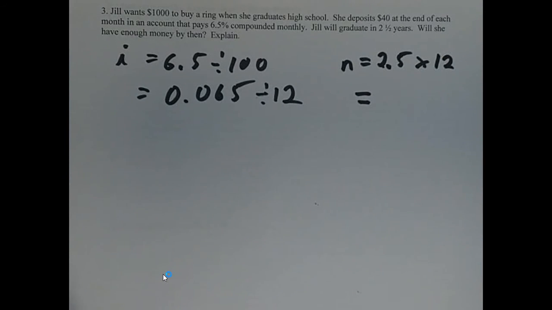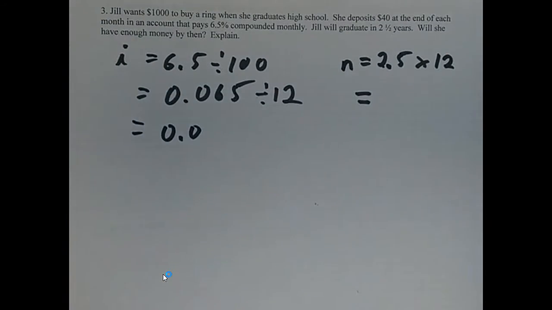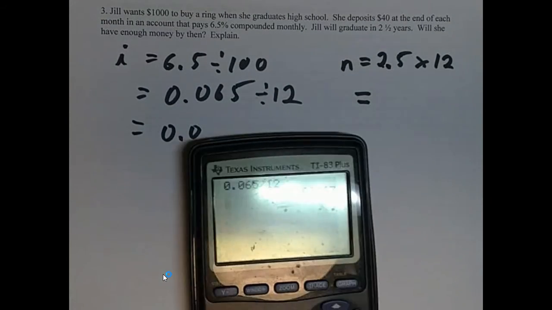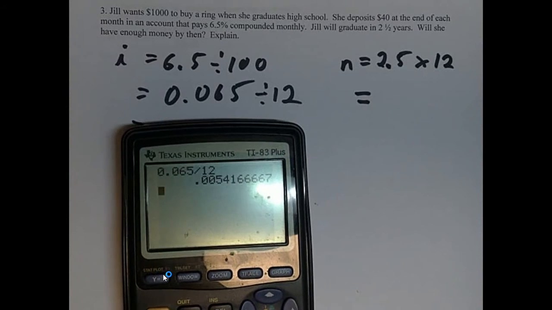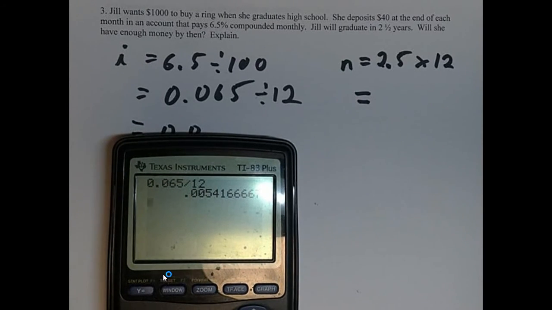So we'll go to our calculator. We'll figure this out here. 0.065 divided by 12. Okay, now how many decimals do you have? Because look, I put it divided by 12. The more decimals you keep, the more accurate you are. So the more of these you keep, the more accurate you are.